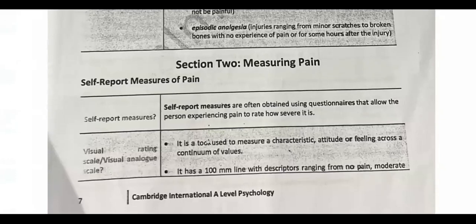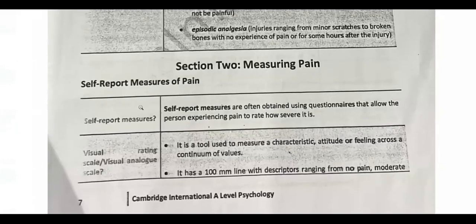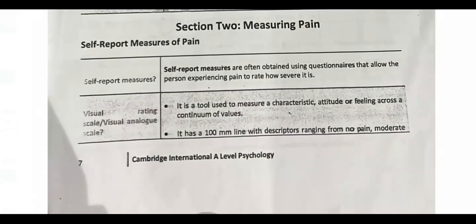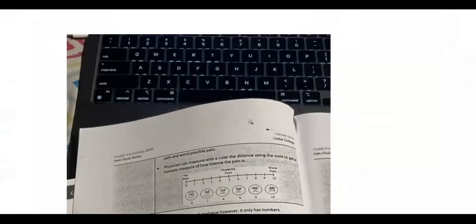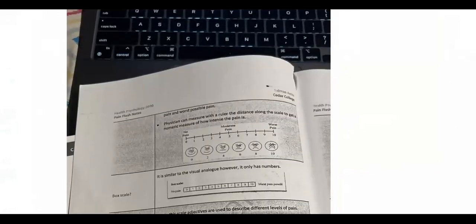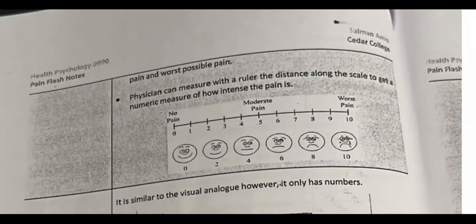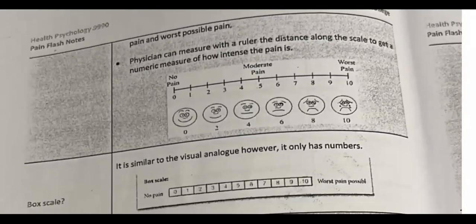Because it's visually obvious to you. You're looking at a scale. They've said it has a 100-millimeter line with descriptors ranging from no pain, moderate, to worst possible pain. So this is something that would be a visual analog scale. They have given a line, and then they have given definitions to that line. I think there's a Wong Baker scale looking exactly like this.